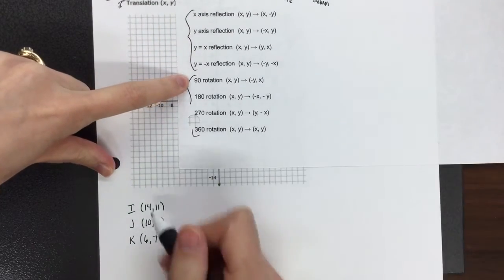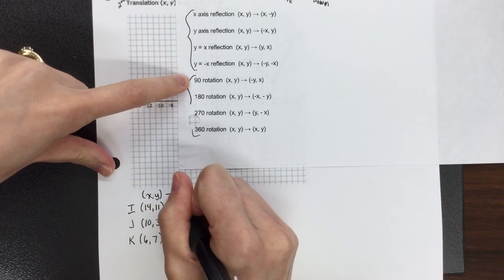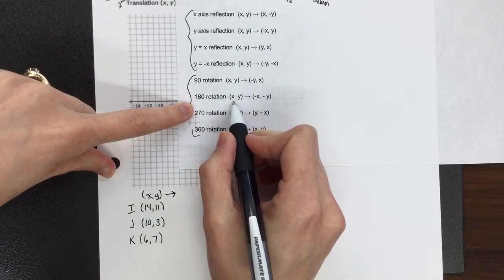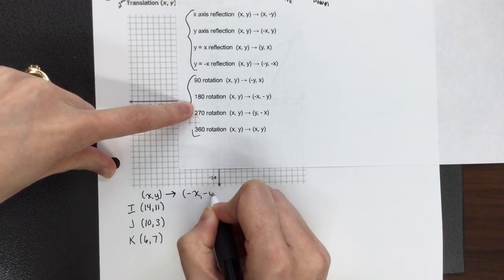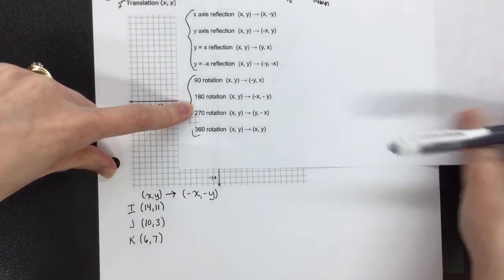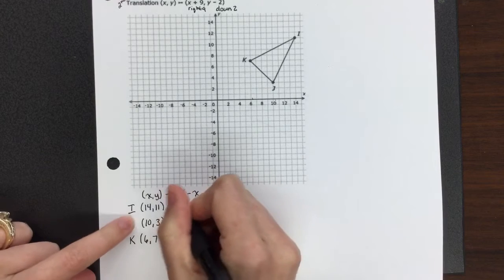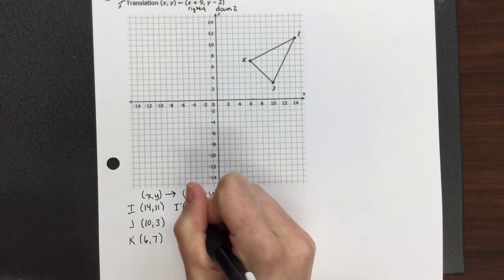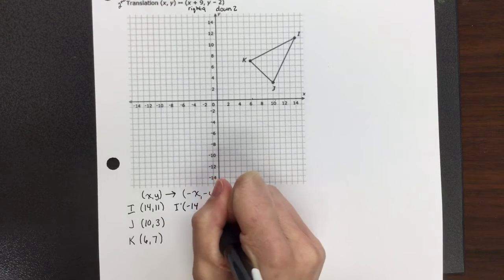Our original x, y points are going to go, for 180, to the rule: x, y goes to the opposite of x, opposite of y. This one is I prime because it's our first new point. The opposite of x is negative 14, the opposite of y is negative 11.